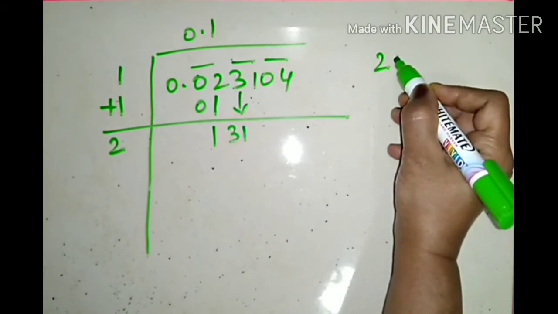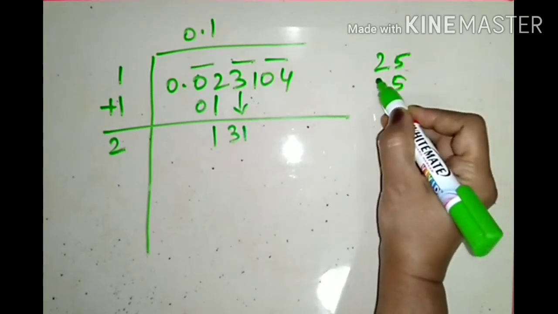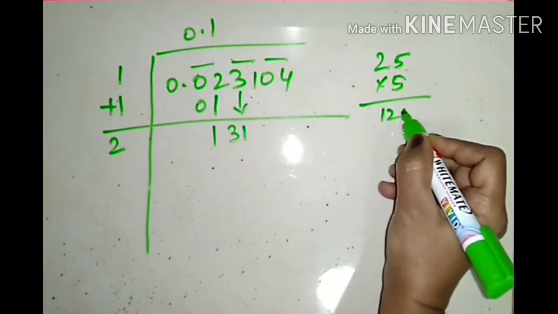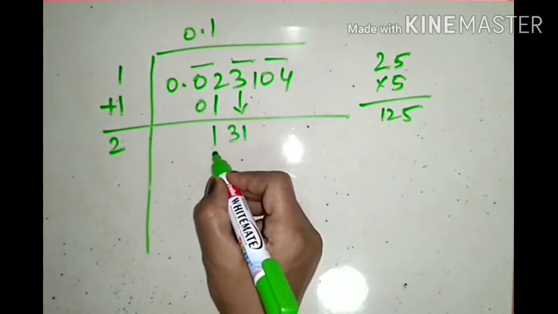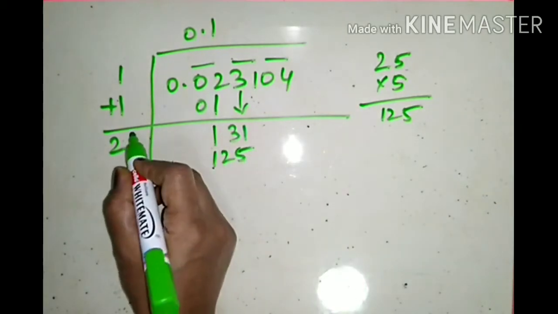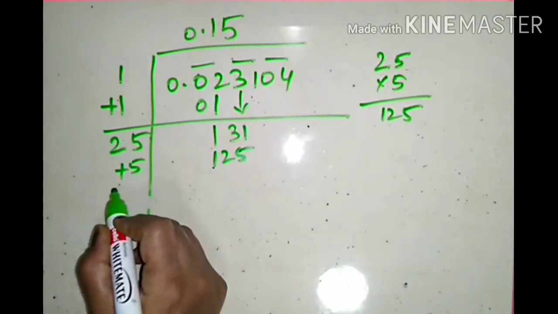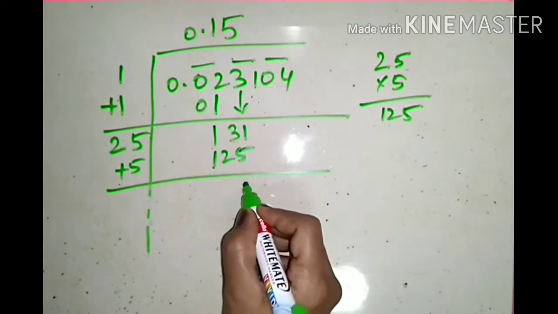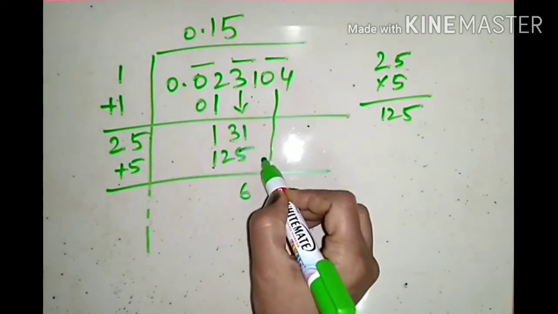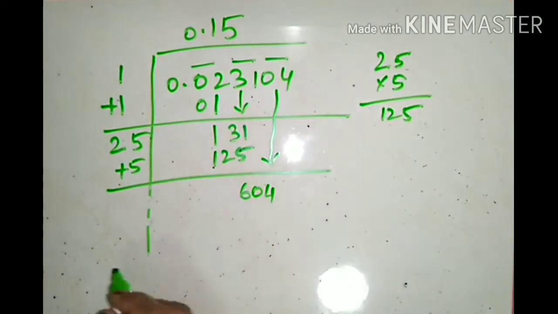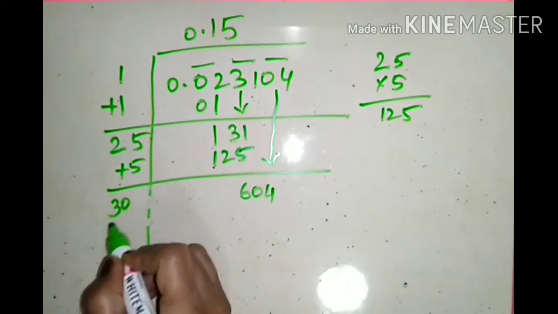25 into 5 we will try, which will give us 125. So we will use 125, 5 5 plus 5. If we subtract, we have 6, we will bring this 04 down, we have 30 here.